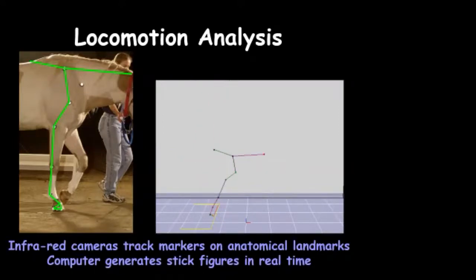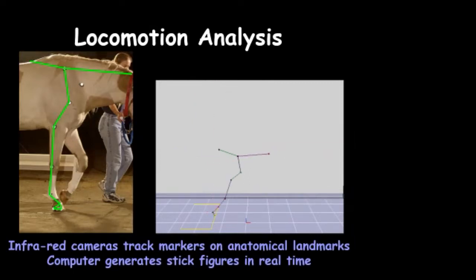So here we see the stick figure for a horse's forelimb, the yellow rectangle that the limb steps on, that's a force plate. And when the limb is in contact with the force plate, you see a red line that represents the ground reaction force vector.